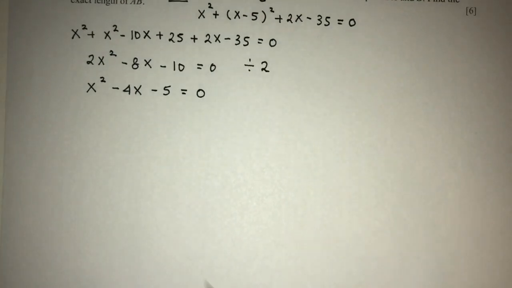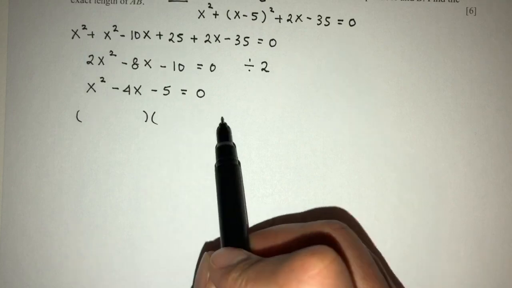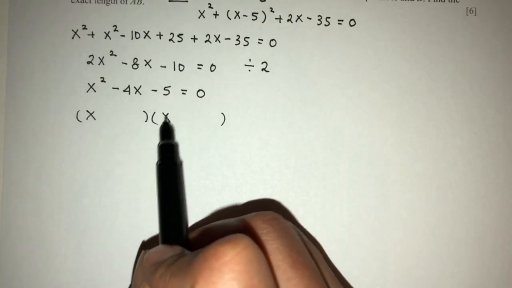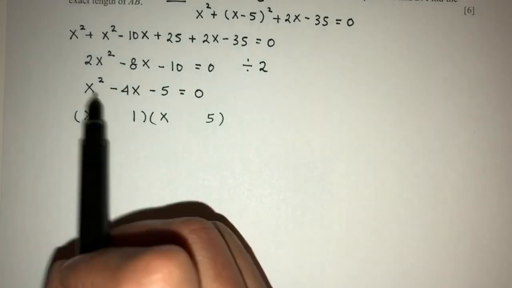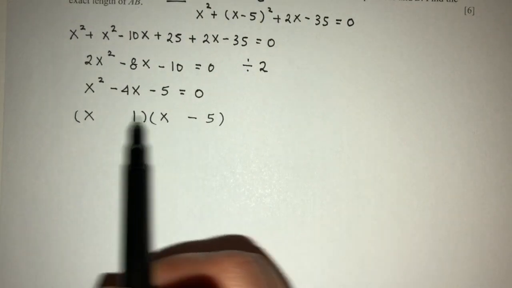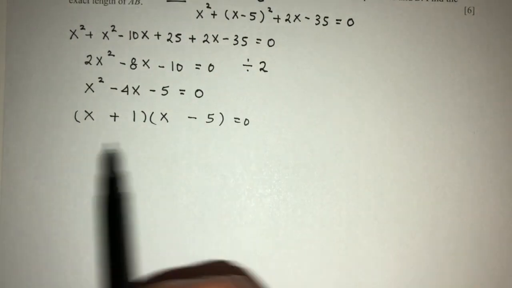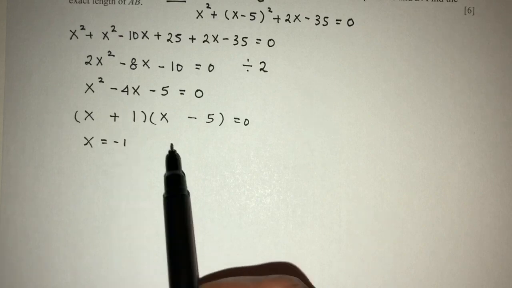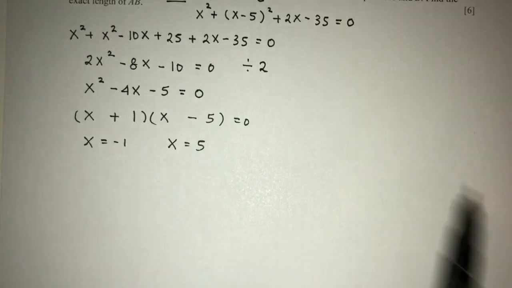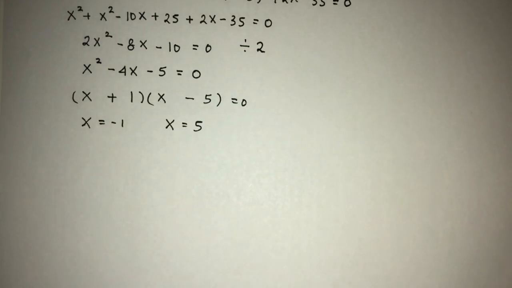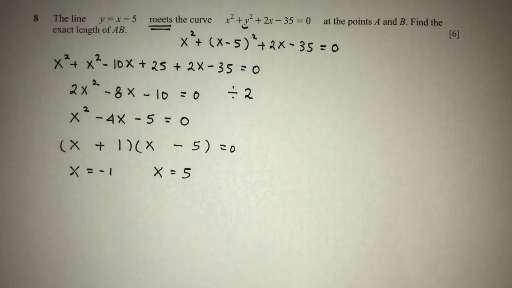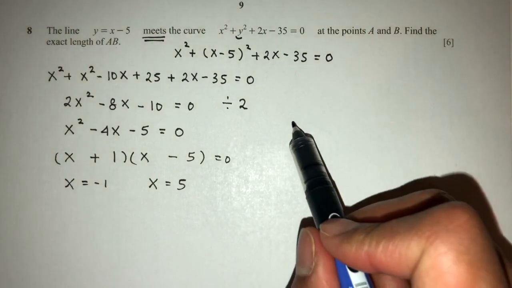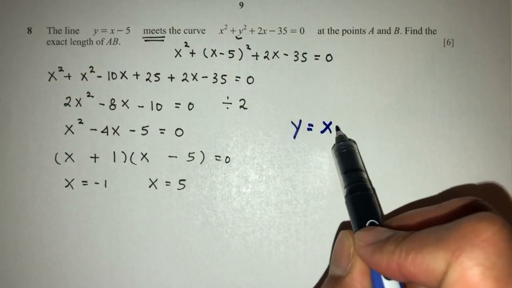So now we can factorize. What is x squared? It is x times x, and 5 is 5 times 1. For you to get minus 4, you have to have minus 5 plus 1. Okay, so x will be minus 1, and x will be the value of 5. So now we know the values of x, we have to find the corresponding value of y from the equation of the line. We know the line is y equal to x minus 5.